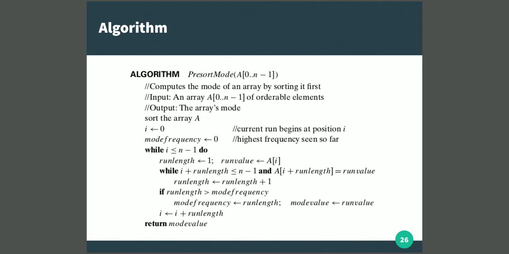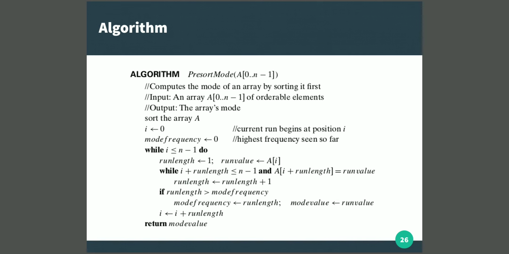Then we perform a repeated operation, but it should also satisfy another condition: if a of i plus run length is equal to run value. We have already initialized run value with a of i, and if the elements after it are also the same, if a of i plus run length is the same as the previous value, then I increment it by 1.